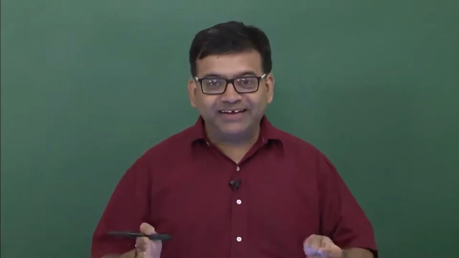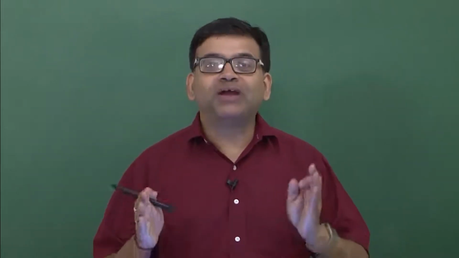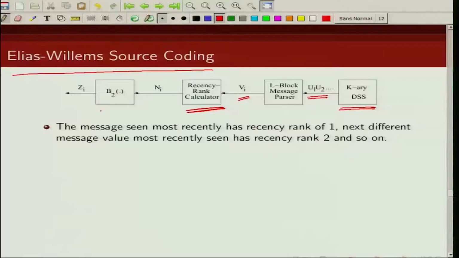And since we are talking about block to variable length coding, for instantaneous decodability we would like to design a prefix free code, and for that we are going to make use of Elias code 2. So the new elements that you see here, which are different from block to variable length coding for a discrete memoryless source, are these two blocks.